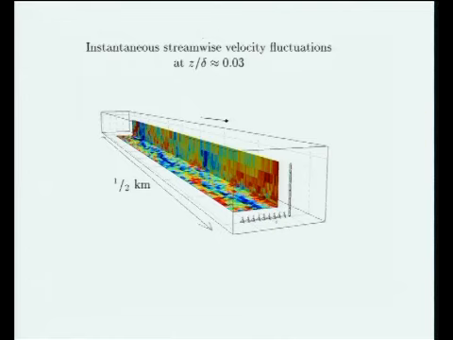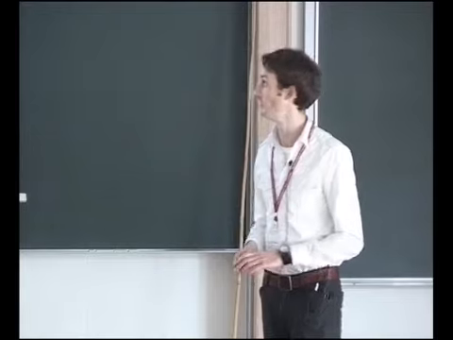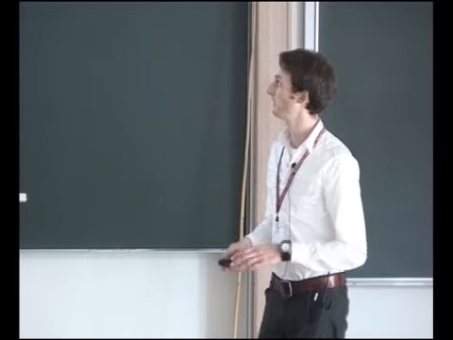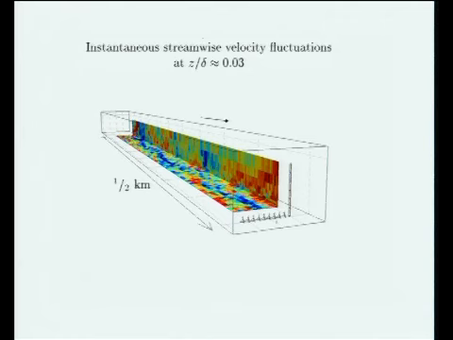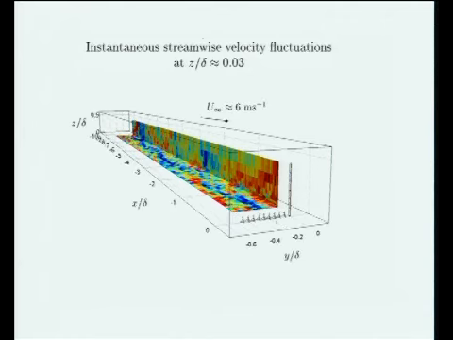Okay, so when we spin that around and we project those instantaneous fluctuations from the sonics in time, we can see that the atmospheric surface layer, just like the lower Reynolds number laboratory boundary layers, is characterized by these very large-scale features in the log region. The domain we're looking at there is 0.5 kilometer in the upstream direction.